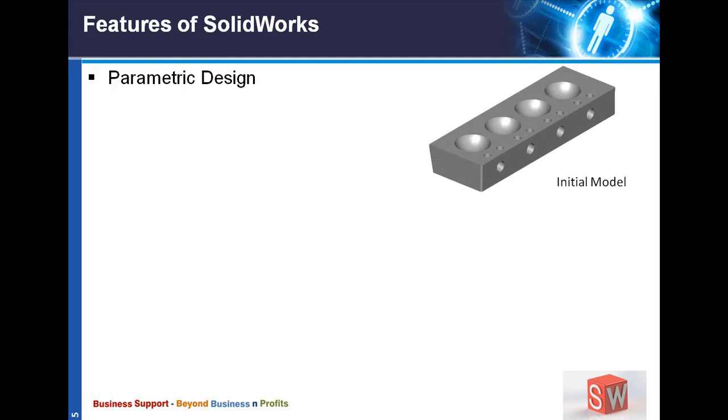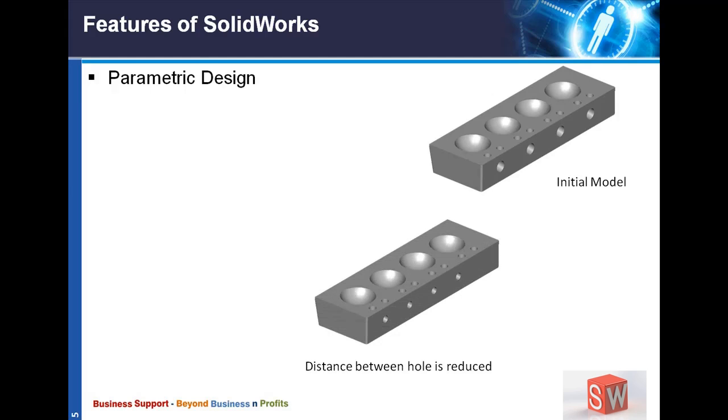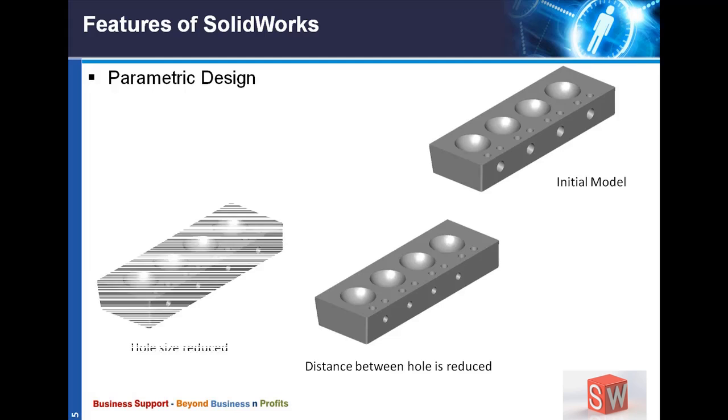Here we have an initial model, which is a cylinder head used in an engine. In the first image you can see the initial model with 4 holes. Now I would like to increase the length of the cylinder head. When I increase the length of the head, or reduce the diameter of the hole, you can see the other design intent is not disturbed.